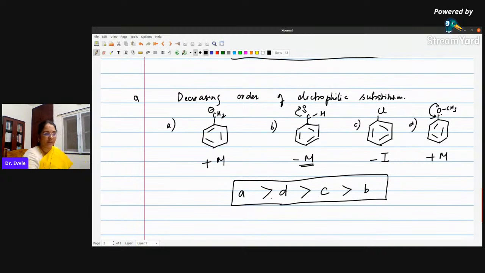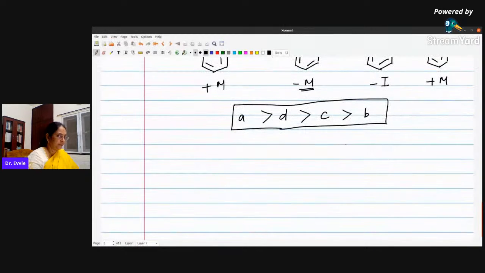Right, I hope it's clear for you now. Okay, a quick question now. Fine. Another one, okay? Though I have not told you, you have to guess this. Which one will have higher electron density, or which one will undergo more electrophilic substitution? Anything you can take.